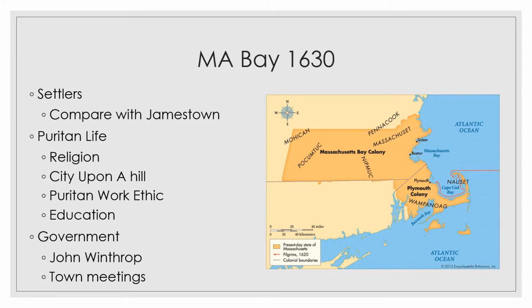A lot of you will probably read or talk about The Scarlet Letter in English this year. A woman has a relationship outside of her marriage and she is forced to wear a scarlet A on her clothes every day so the whole community knows that she has committed adultery. And so that's a really easy example to remember of these strict social rules.